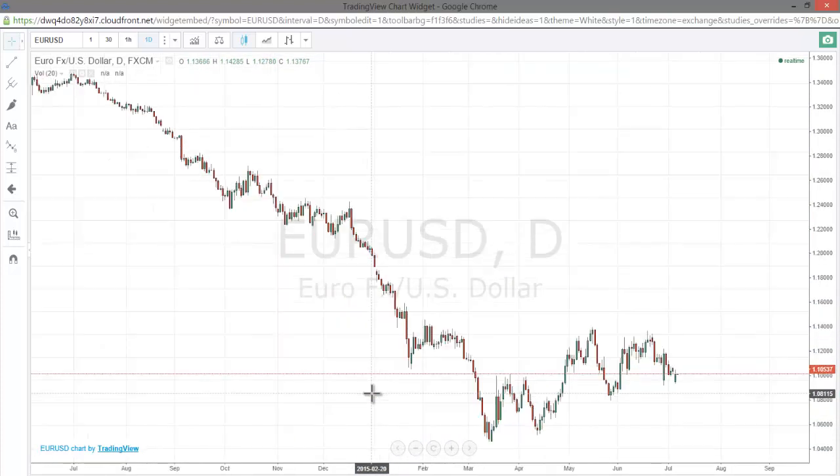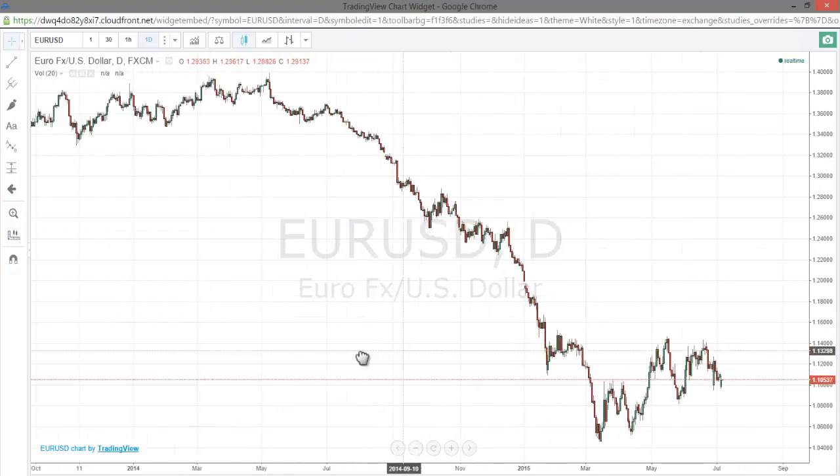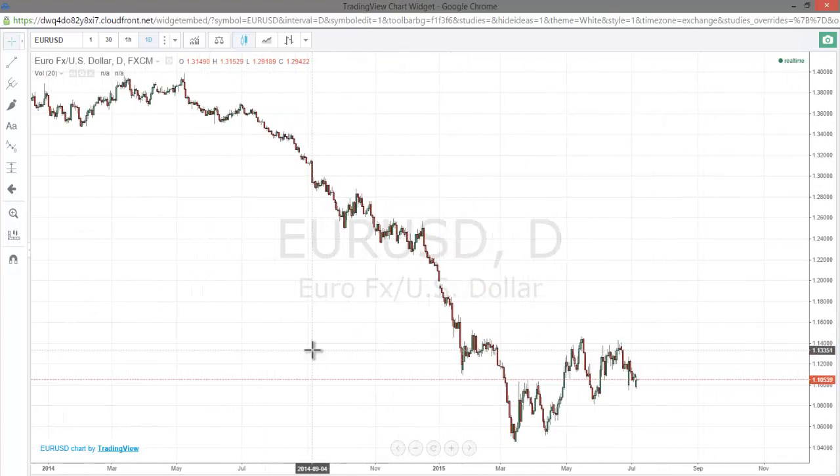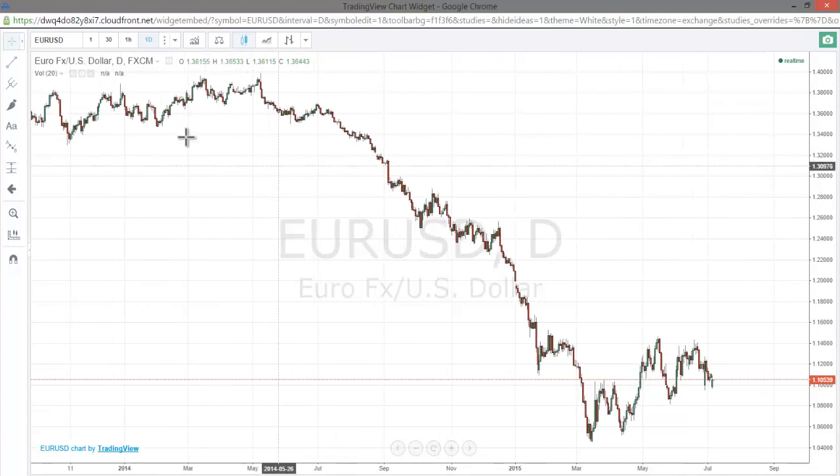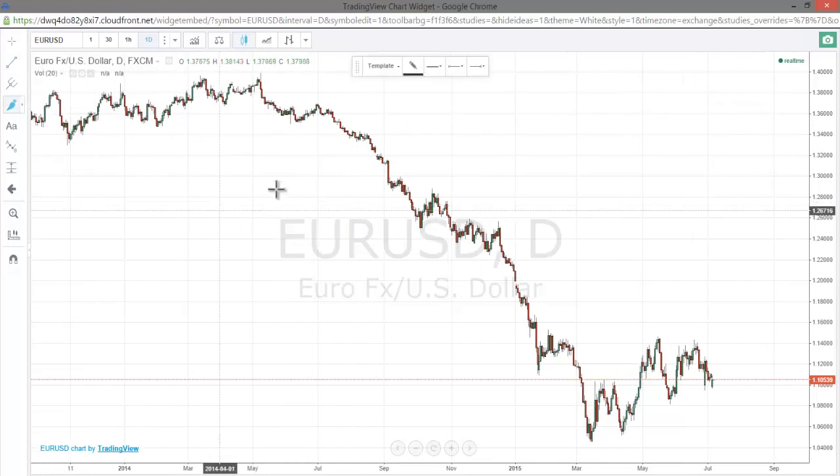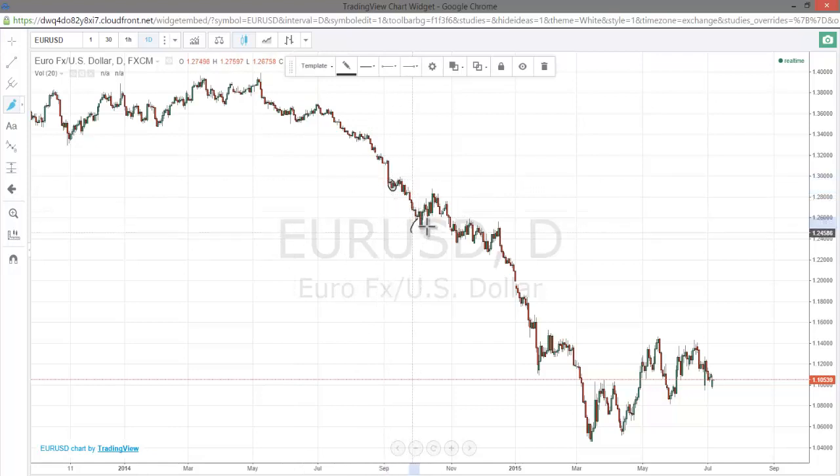So much to talk about trends, but basically a trend is formed when you have lower lows and lower highs, or higher highs and higher lows. So in this case, back to our daily euro dollar, every time it makes a low, it's lower than the previous one.